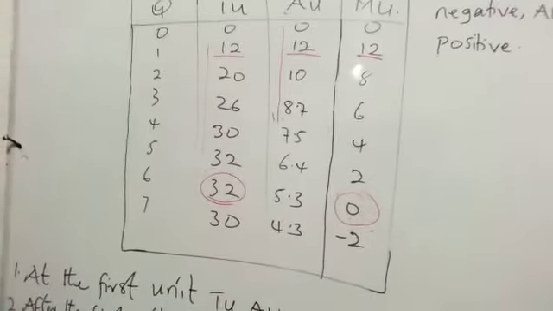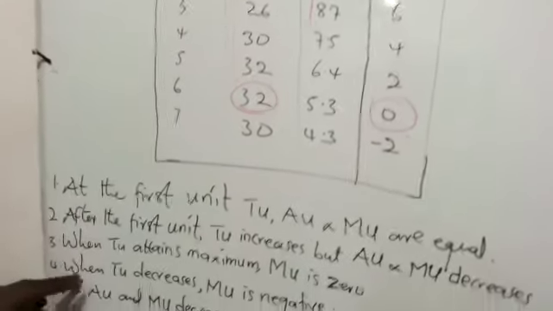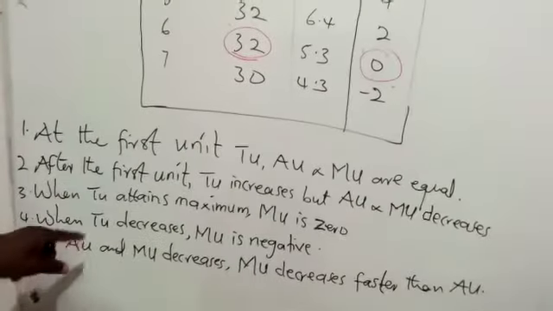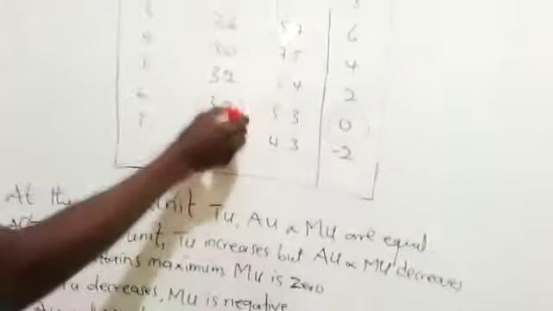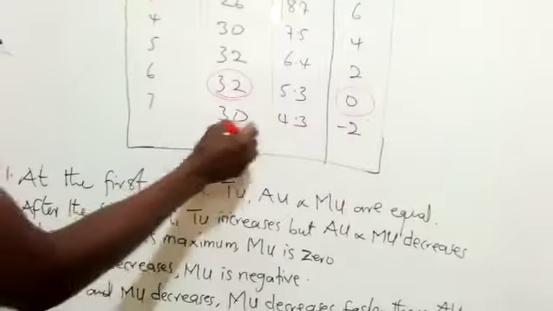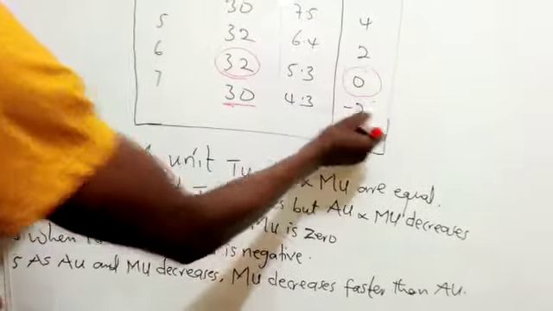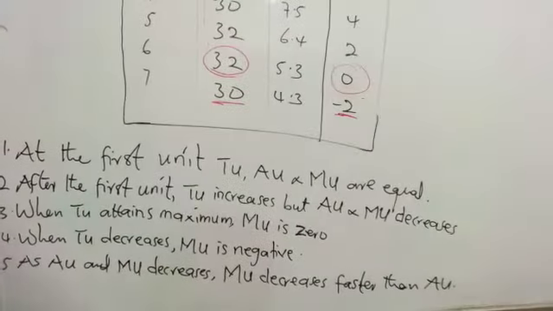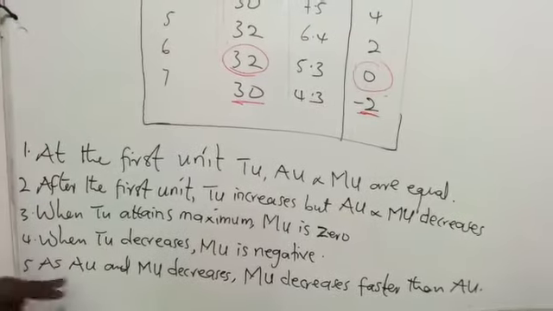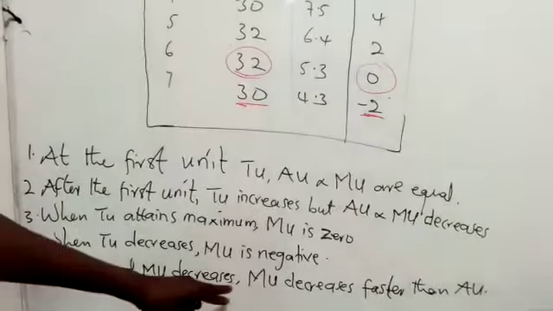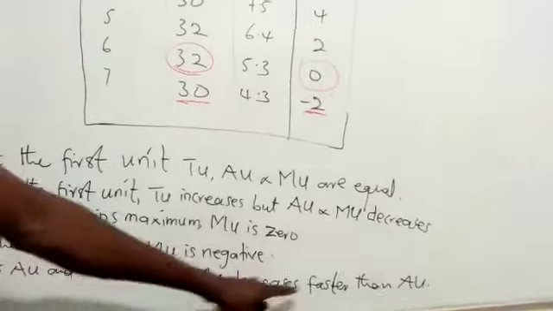It's at its maximum point. Then the fourth says when TU decreases, MU is what? Negative. So now TU decreases from 32 to 30, and marginal utility moves to negative. Is that right?